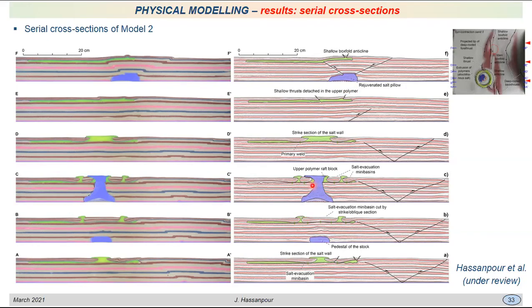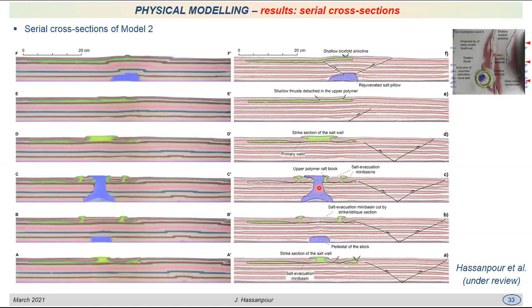And in the case of the upper polymer, as you can see, we have got these isolated salt structures from the upper polymer, and we have the flow of the upper polymer in the flank of the lower polymer.